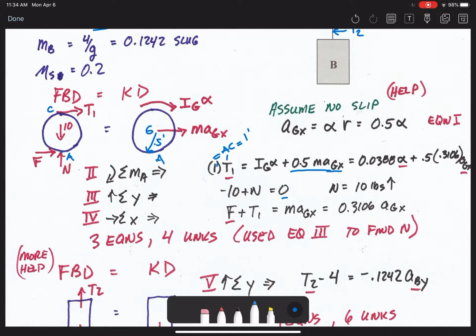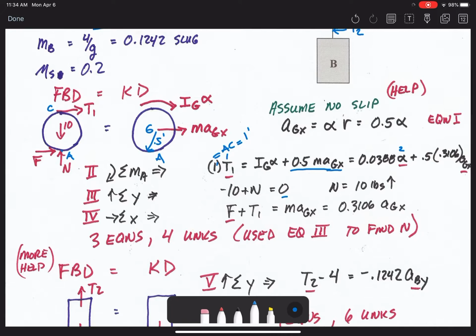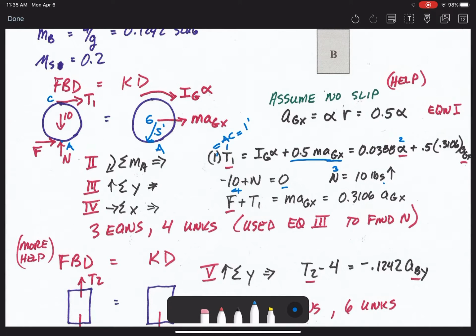We have alpha, number 2, and then we have a Gx, number 3, and then the friction force, number 4. We have 4 unknowns because we assume a no-slip wheel.